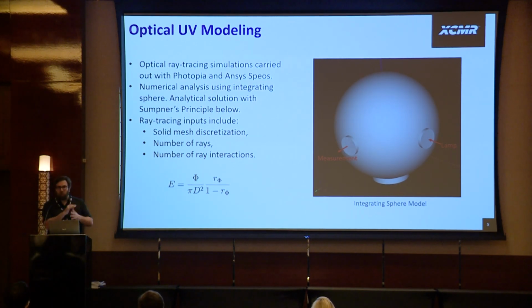We looked at how many rays we were randomly emanating, and we were also looking at the number of ray interactions, because we can't follow a ray forever. We don't have the computational resources, and we wouldn't want to. So we tell it, okay, we don't want to follow that ray after 100 interactions, after 100 reflections, or 1,000 reflections. And we looked at all of these things and saw how that impacts the error using Sumner's principle.